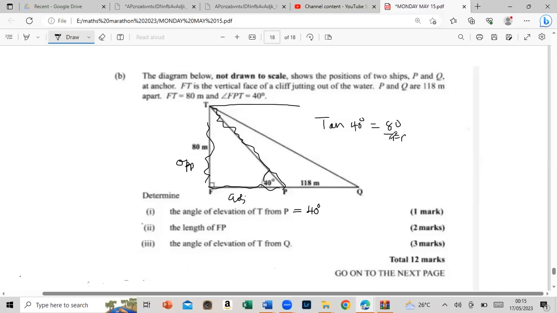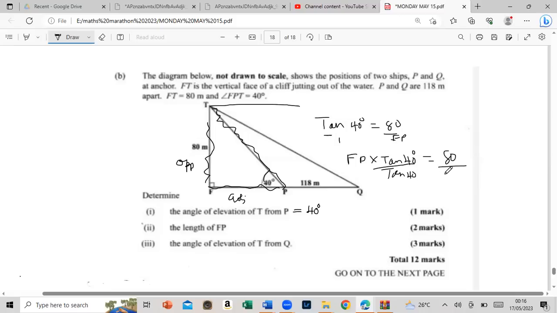With cross multiplication, that gives us FP times tan 40 equals 80. And of course, we're going to transpose, so we divide by tan 40.